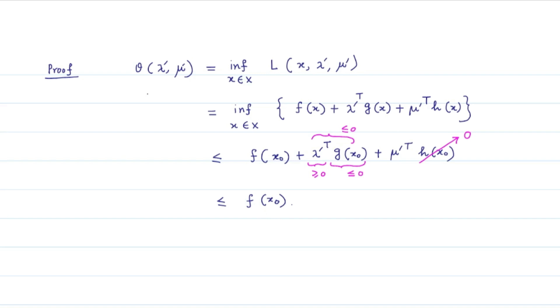And as this relationship happens to be true for every pair of feasible points lambda dash, mu dash and x naught, we see that the dual objective function value is always less than or equal to the primal objective function value, and thus this result is known as the weak duality result. The dual objective function value is weaker than the primal objective function value.